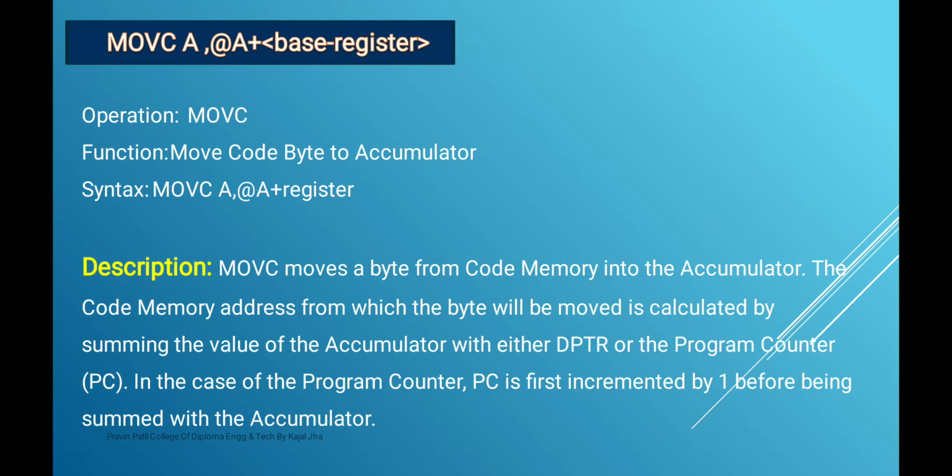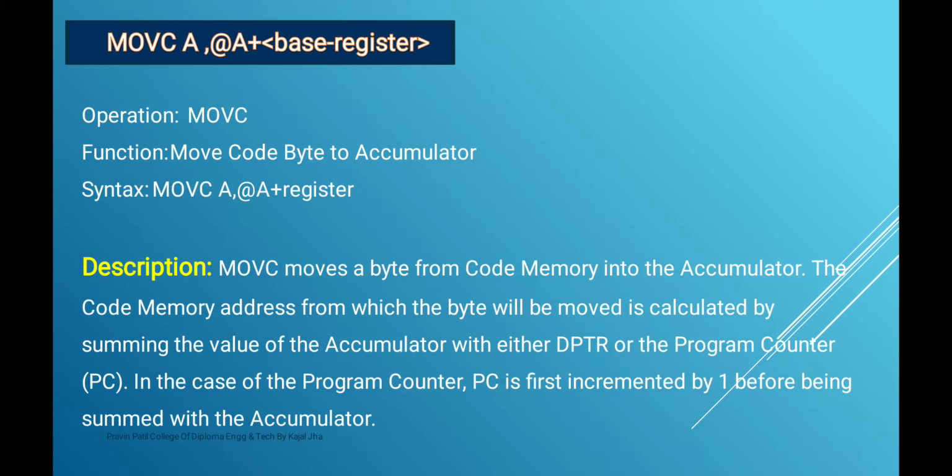After that, MOVC A, @A+base register, that is operation MOVC. Function is what? Move code byte to the accumulator. Syntax: MOVC A, @A+register. Description: MOVC moves a byte from code memory into the accumulator. The code memory address from which the byte will be moved is calculated by summing the value of the accumulator with either DPTR or the program counter, that is PC.